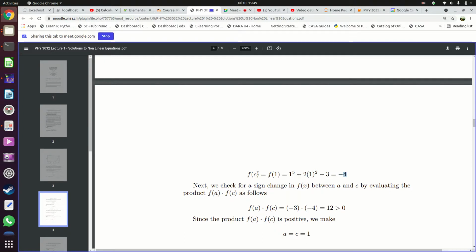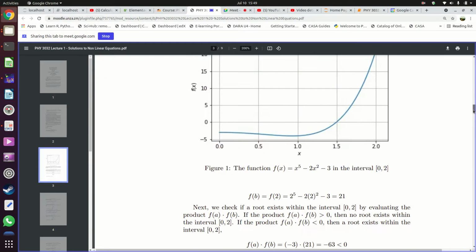After you find f of c, you check if there is a solution between a, which is the lower boundary, and c, which is the midpoint. Here, a is equal to 0 and c is equal to 1. How do you check if there's a solution?